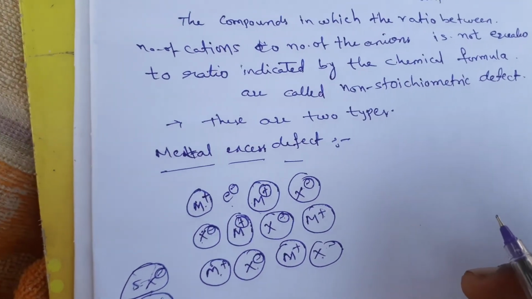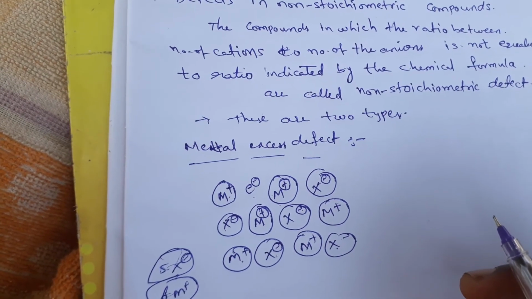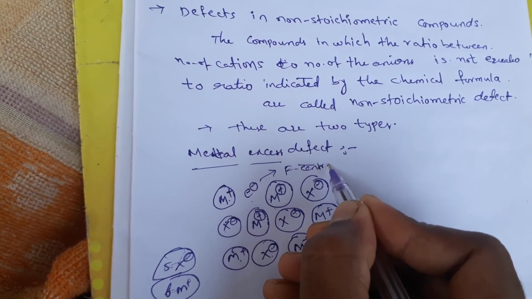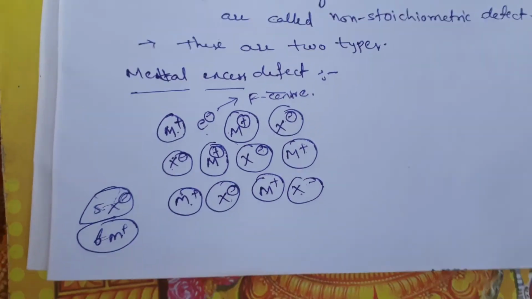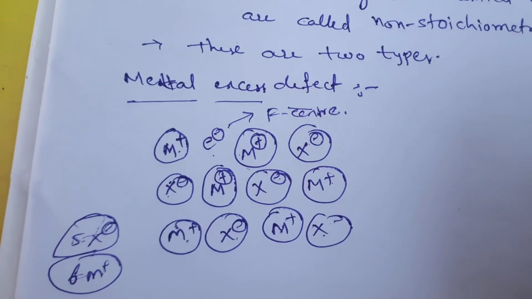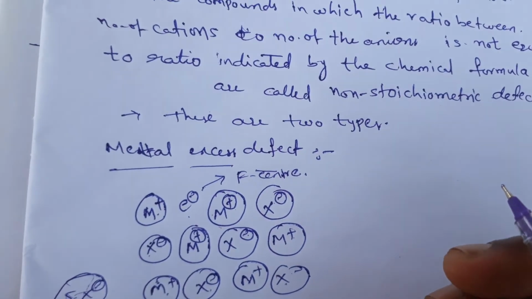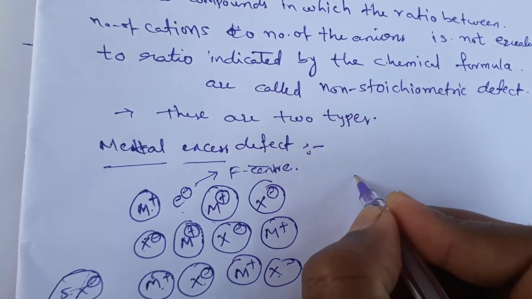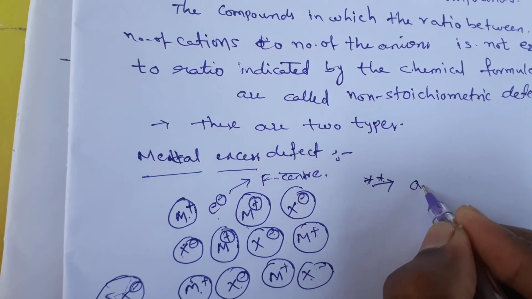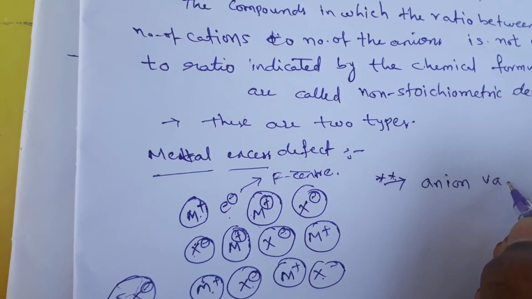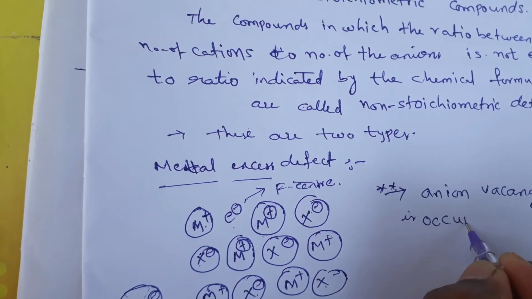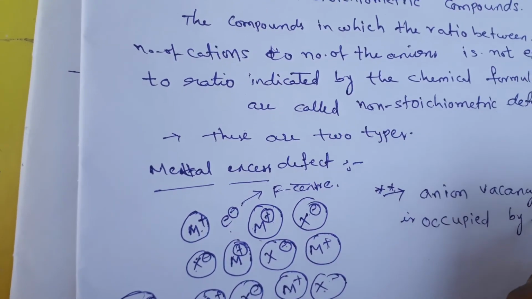Next, if you see metal excess defect, these centers we call F centers, a color center due to the presence of unpaired electrons. Next, if you see here, an anion vacancy is occupied by the electron.